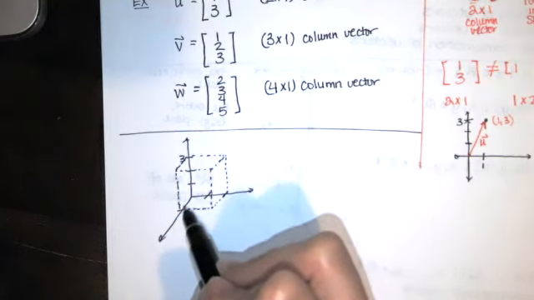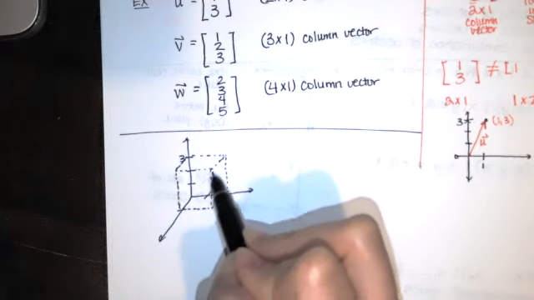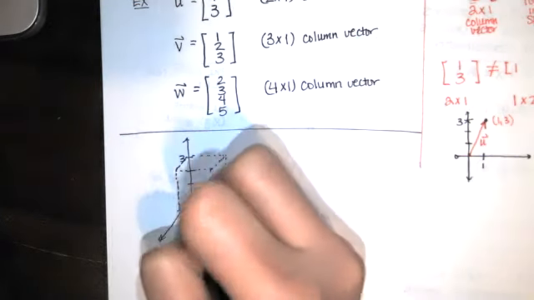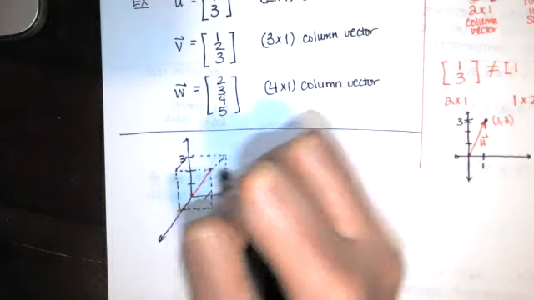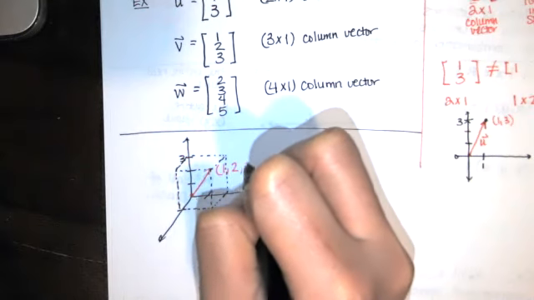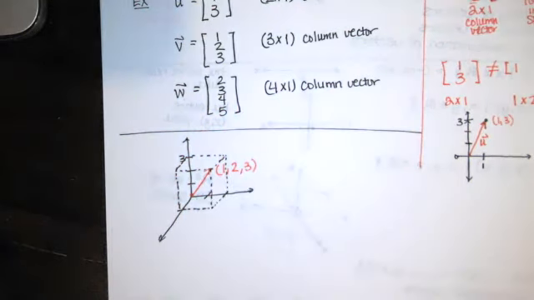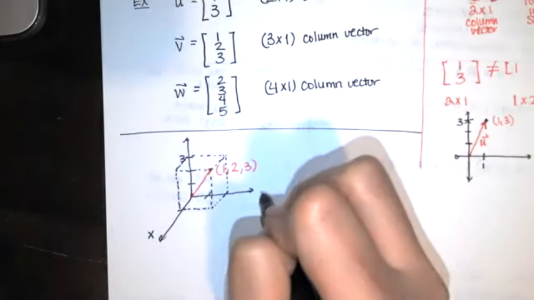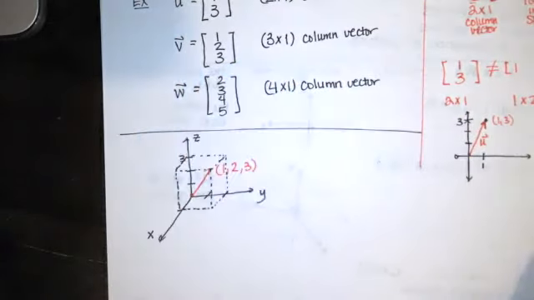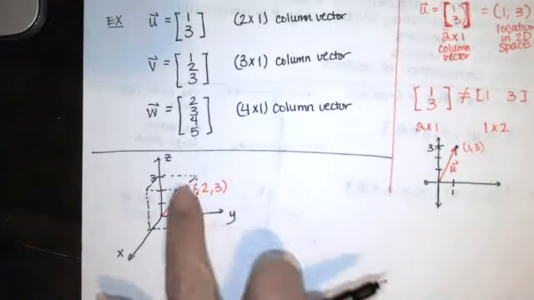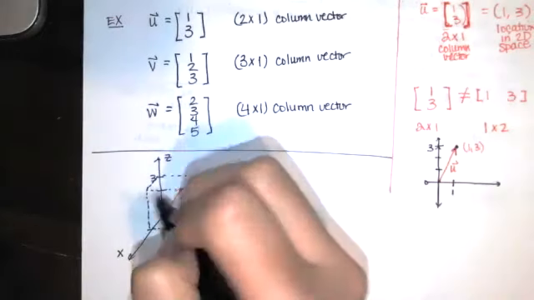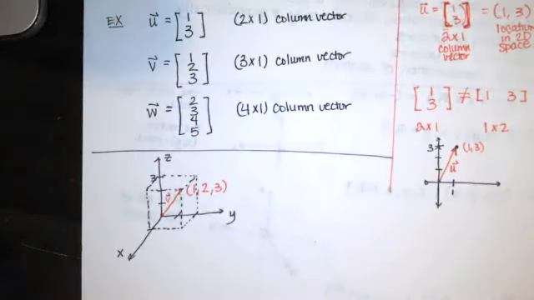So I go 1 unit in the x direction, 2 units in the y direction, 3 units in the z direction. So my vector starts at the origin and goes out here to the point x equals 1, y equals 2, z equals 3. So all of that is true. That's the vector v. Now Lay is saying, let's treat the vector v and the point 1, 2, 3 as interchangeable.